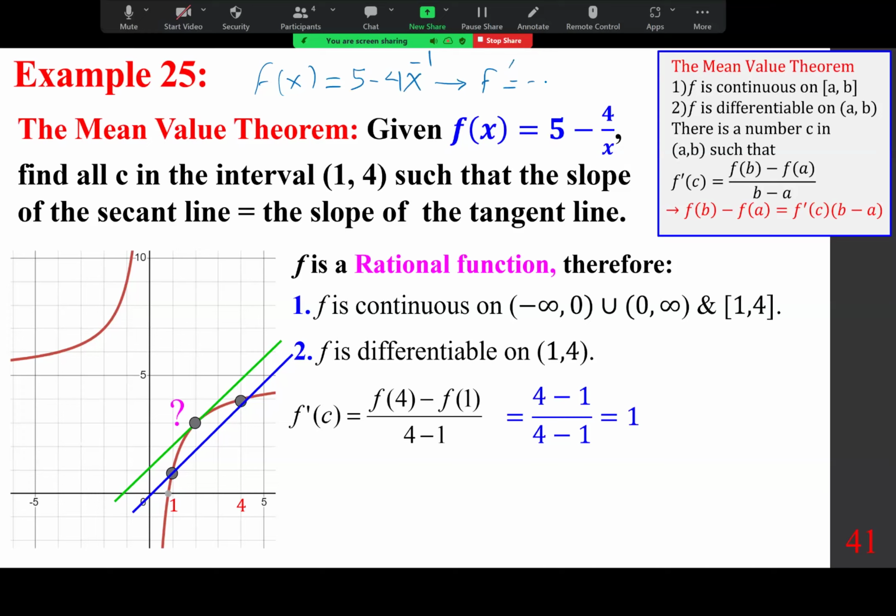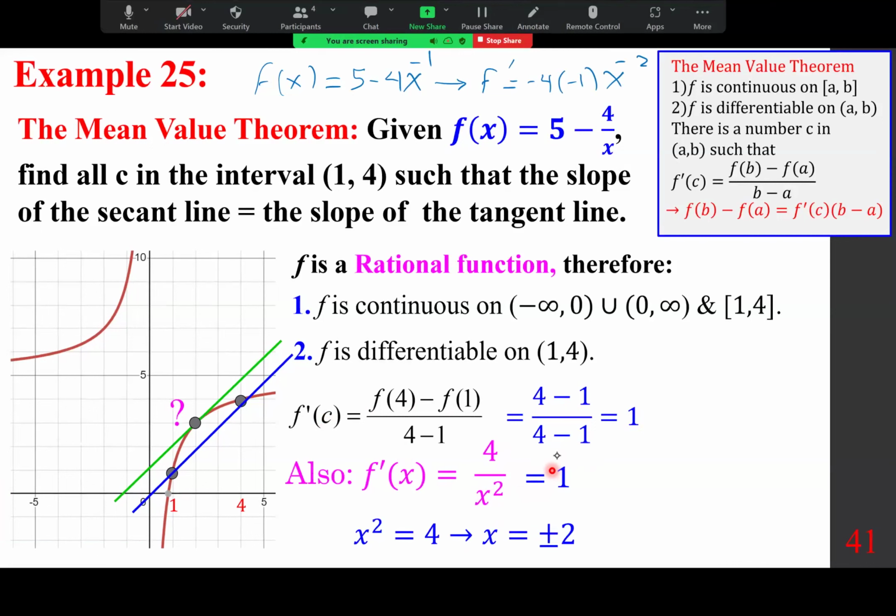So f prime is minus 4 times minus 1 x to the power minus 2, which makes it positive 4 over x squared. We are going to set this equal to what we found here. So x squared becomes 4 and x becomes plus or minus 2.